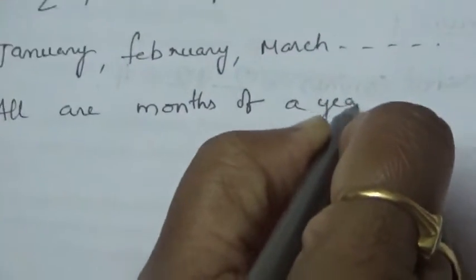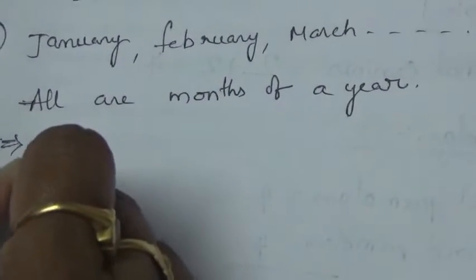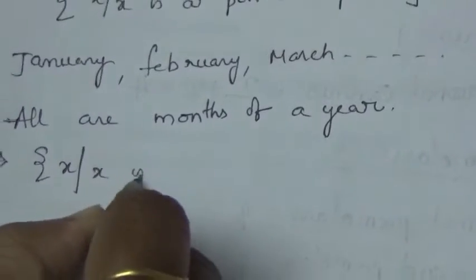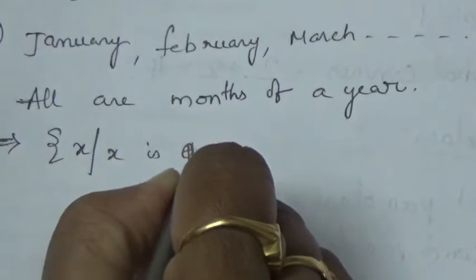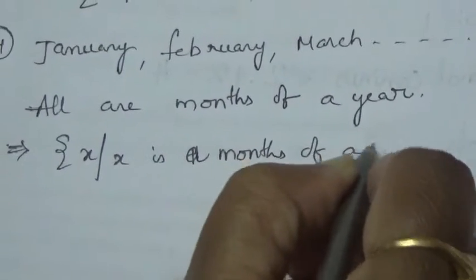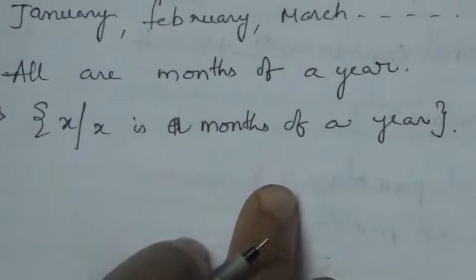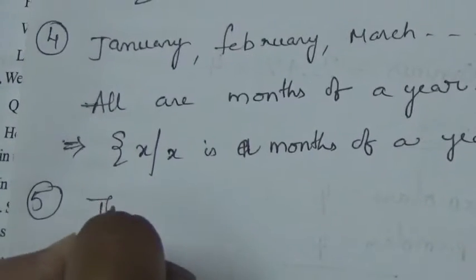In set builder form we can write it as x colon x is a month of a year, right.